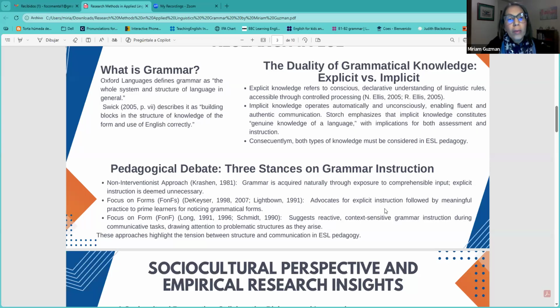Finally, focus on form, Long 1991 and Smith 1999, suggest reactive, context-sensitive grammar instruction during communicative tasks, drawing attention to problematic structures as they arise. In summary, these approaches highlight the tension between structure and communication in ESL pedagogy.